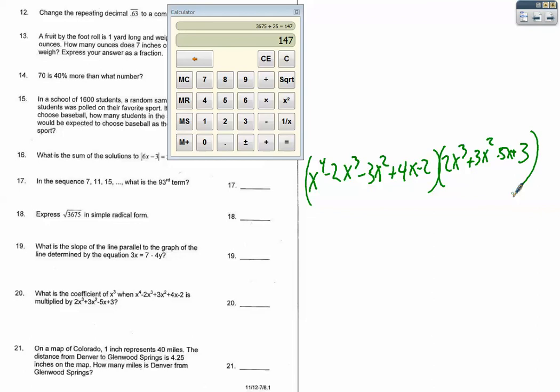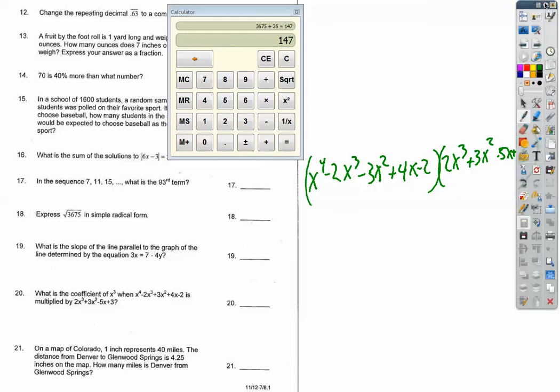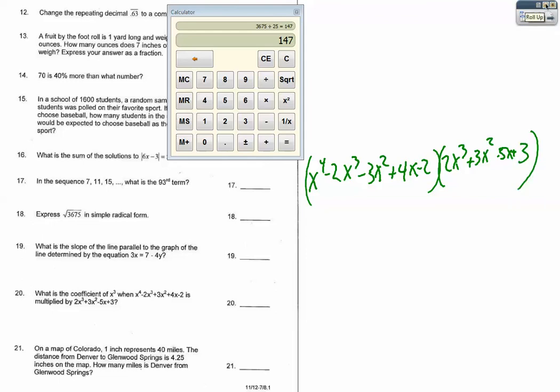And so I want the coefficient of the x to the 3rd term. I'm going to change my color here to make it a little easier to follow. There we go. So 3 times negative 2x to the 3rd gives me negative 6x to the 3rd.